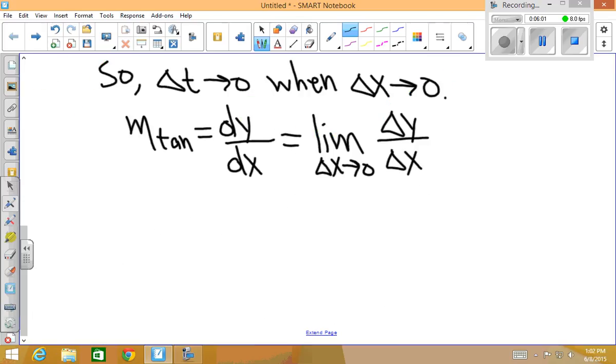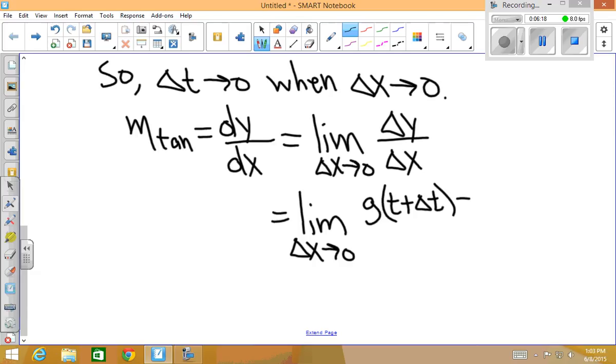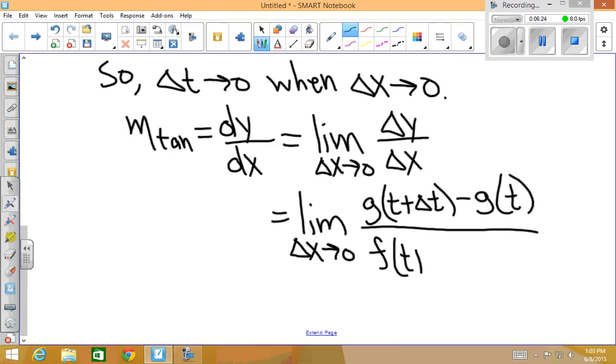Now let's be more specific here. Delta y is equal to g of t plus delta t minus g of t. Delta x is f of t plus delta t minus f of t.